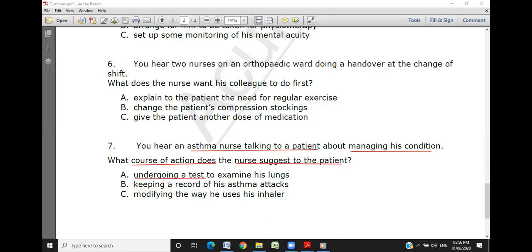Undergoing the test, keeping a record of attacks, or modifying the way in which he uses his inhaler. Yeah, and this is going to be the final question.